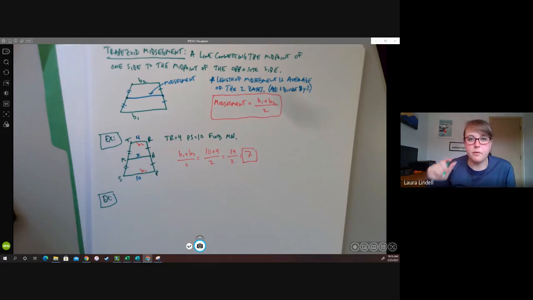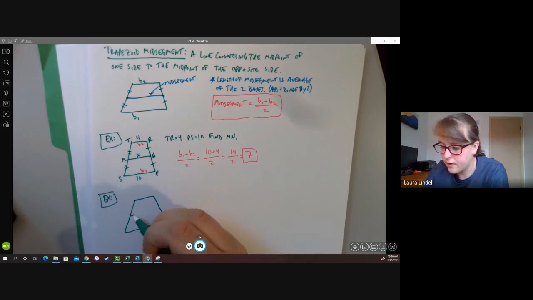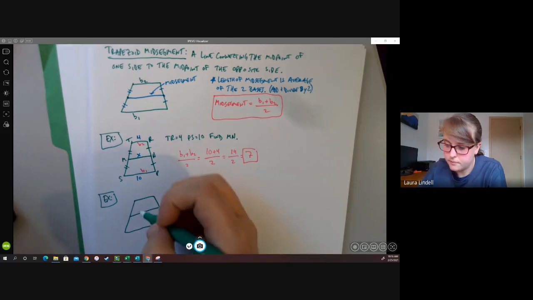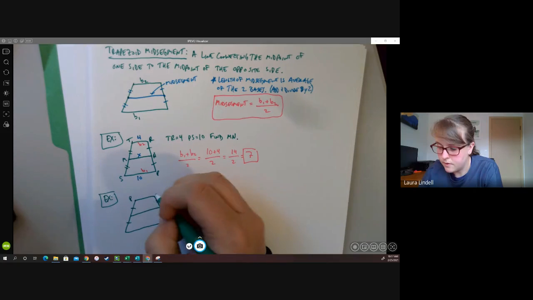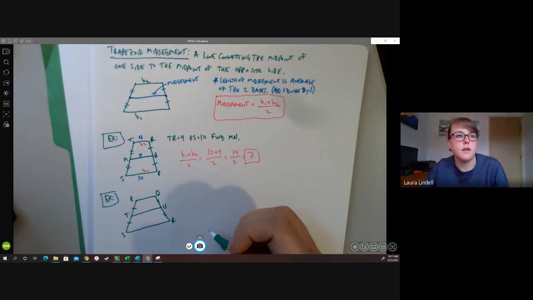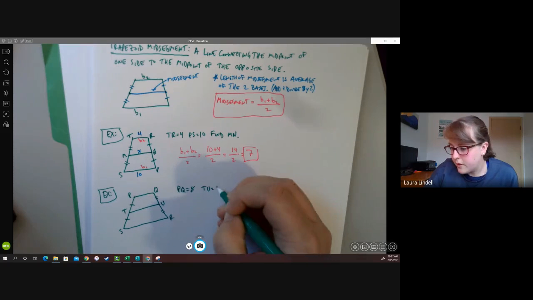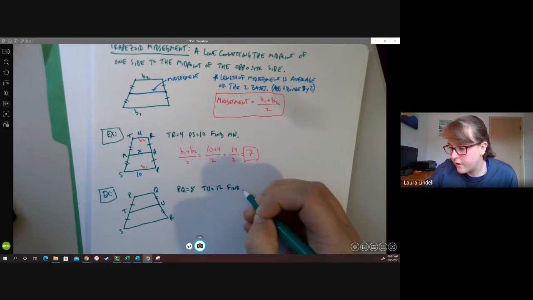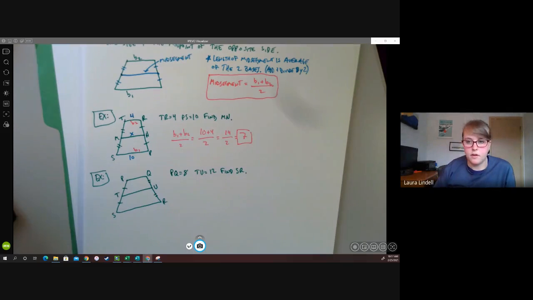So this one steps it up a level just a little bit. This time we're told that PQ is 8, TU is 12, and we want to find SR. Okay, so for this one, same kind of idea.